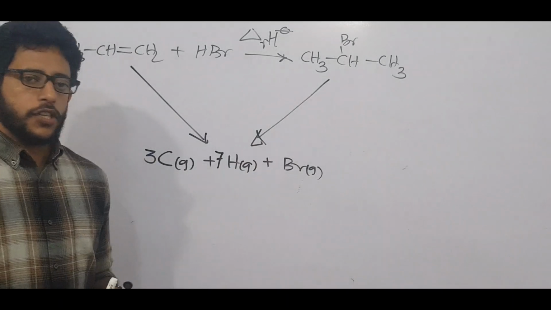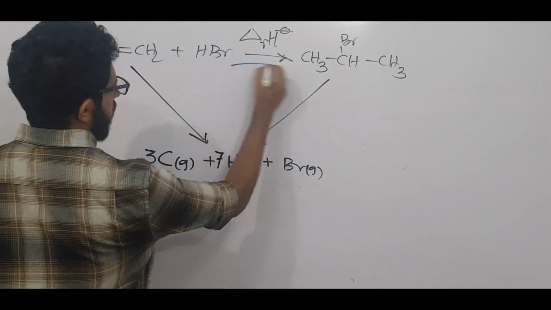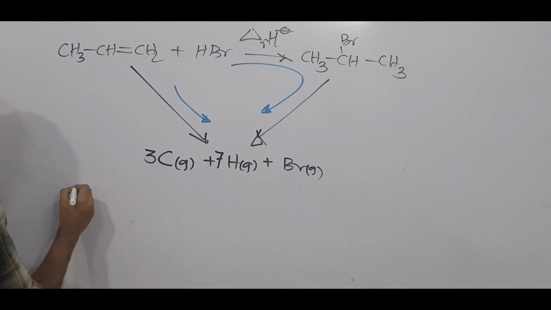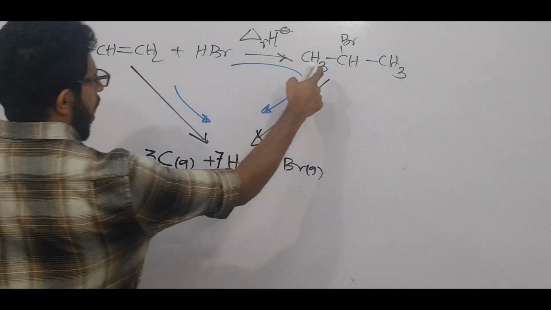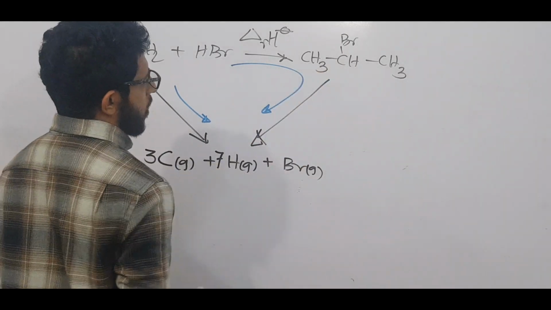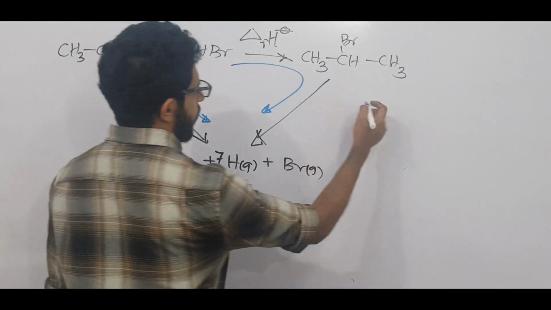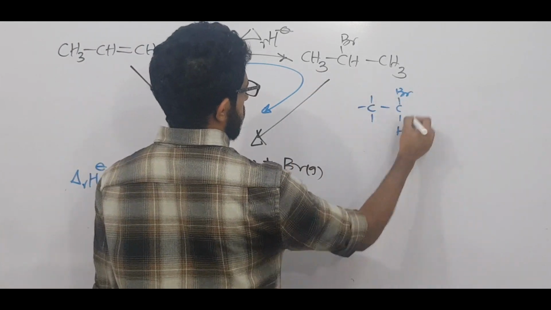Then we can apply the Hess law. So what is the Hess law? When you apply Hess law it comes like this: these two are equal to this one. So ΔRH plus... now how many different types of bonds are there? That's why I told you it's better if you can draw the displayed formula. So if I write the displayed formula, it is something like this.